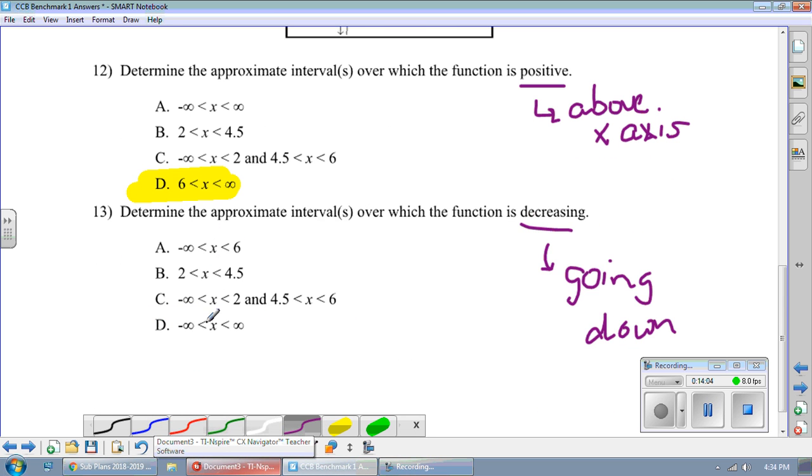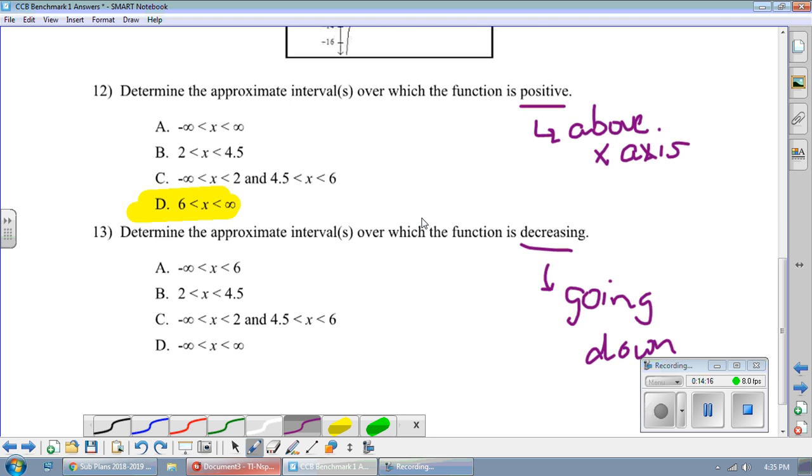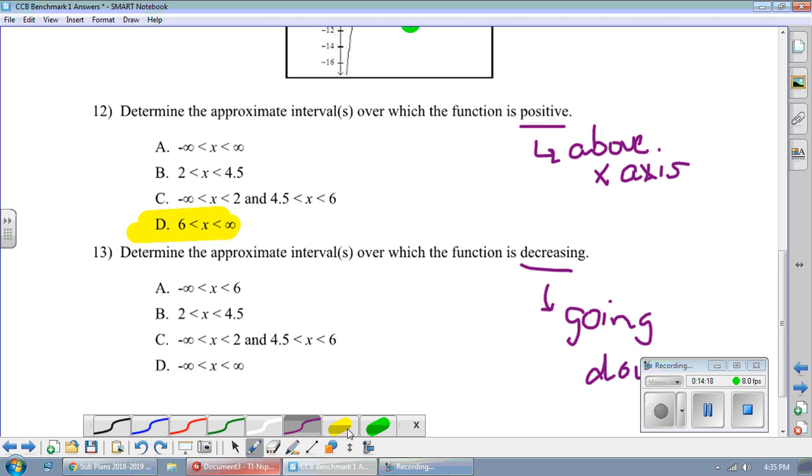Again, the x's are what we care about for the interval. So it looks like it starts going down right about 2 and then stops 4-ish, somewhere past 4. Let's see what we got for answers. It starts going down at 2-ish till about a little past 4-ish. Choice B.